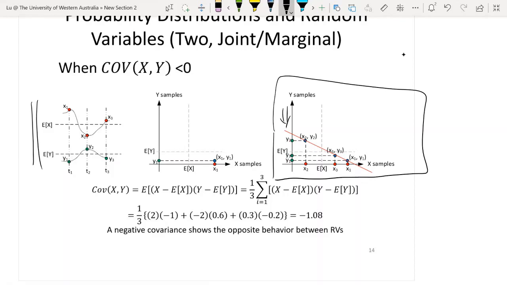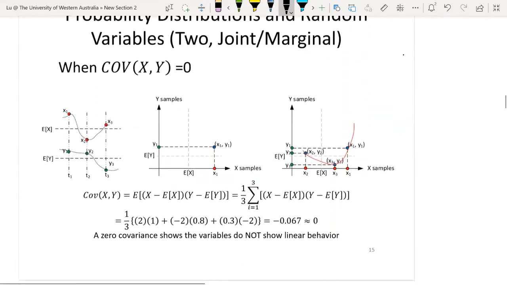This negative gradient also corresponds to a negative covariance value. The negative covariance value, of course, indicates the linear relationship, as you can see from the graph. But the behaviors of x and y are opposite to each other. Okay, this is the second case.